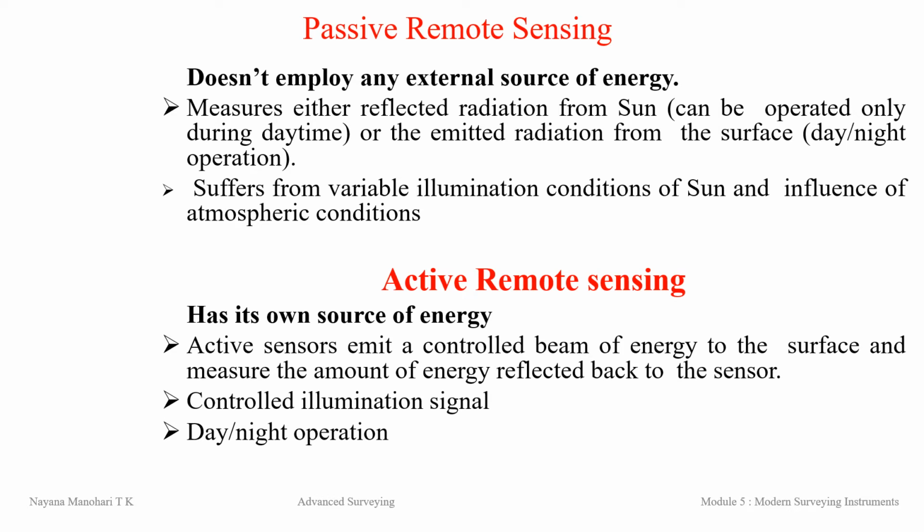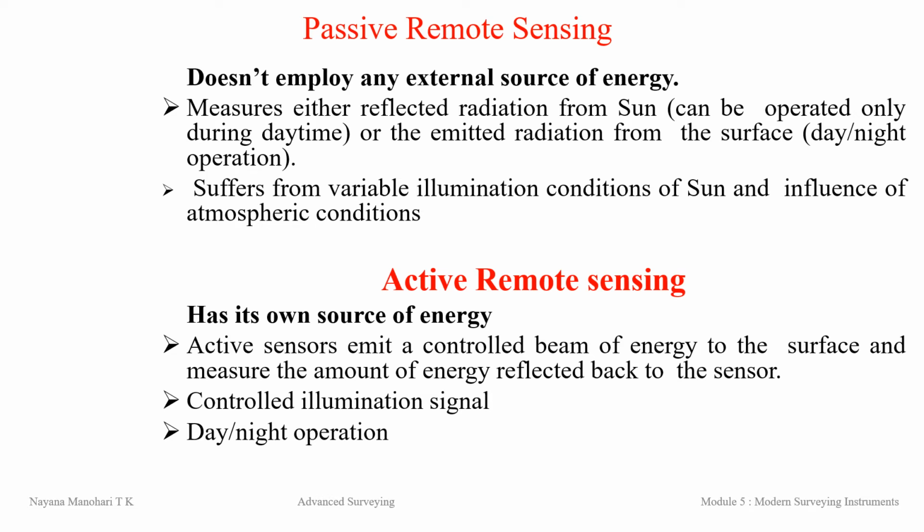In case of active remote sensing, the second type of remote sensing, it uses its own source of electromagnetic energy. In case of passive remote sensing, there is no external source of energy; they use the natural source, the sunlight. In active remote sensing, the energy is directed towards the object and the return energy is measured.